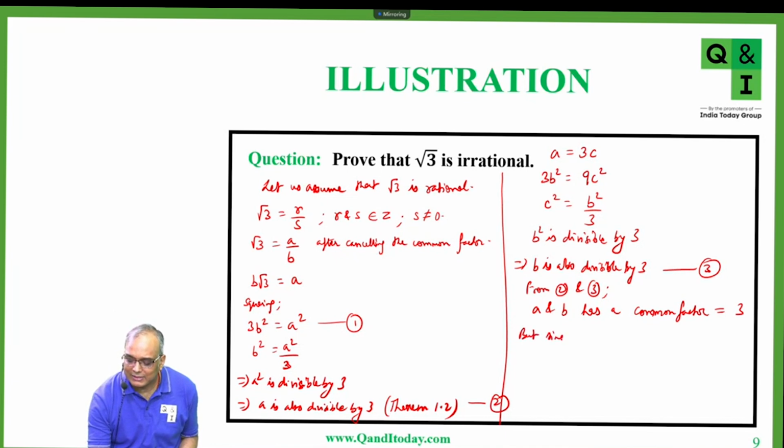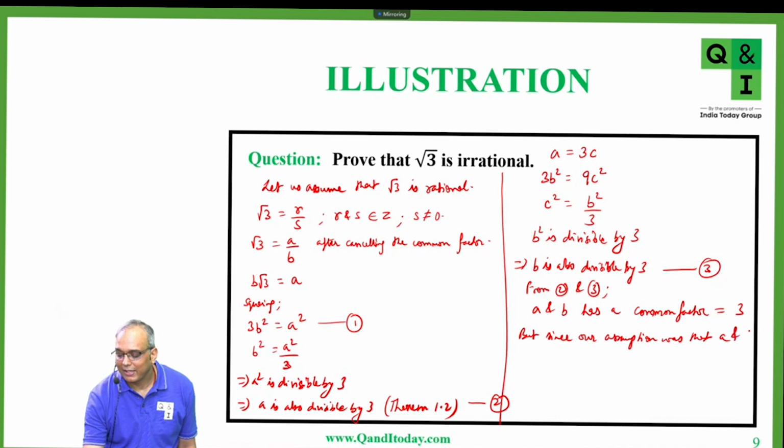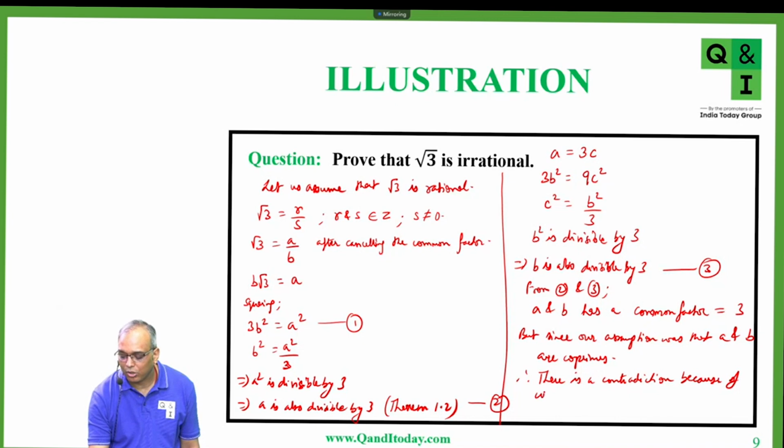So now our assumption was that a and b are co-primes. Hence there is a contradiction because of our wrong assumption.